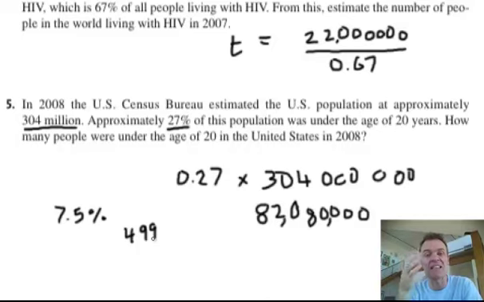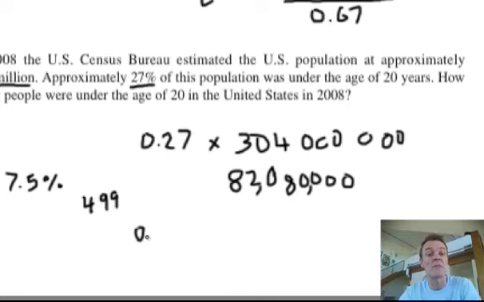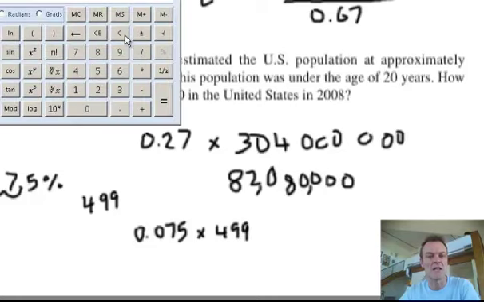That'll give me the sales tax, then I would just add that onto the price of $499 to get the total. So I would do 0.075, moving the decimal point 2 places to the left. 7.5% of $499, around about $500.